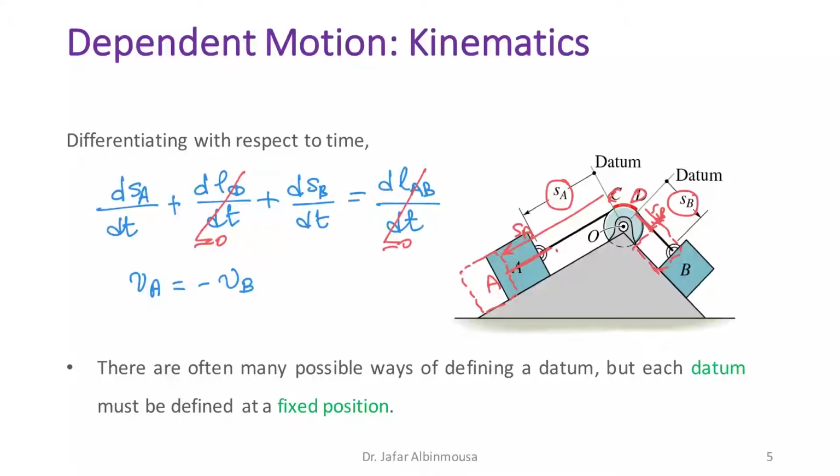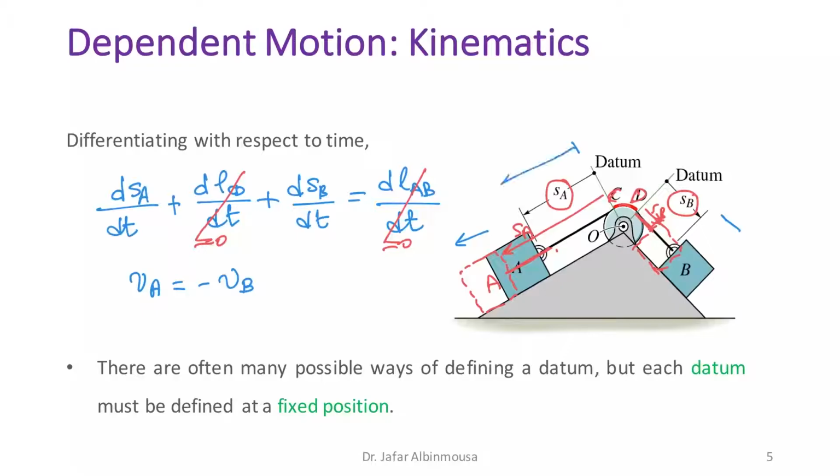Now let's look at this relation. We can see that VA is equal to minus VB. So let's look at this carefully. You see that length A is getting longer while length B is getting shorter, and the reason the minus sign is there is that VA is moving in the direction away from the datum.